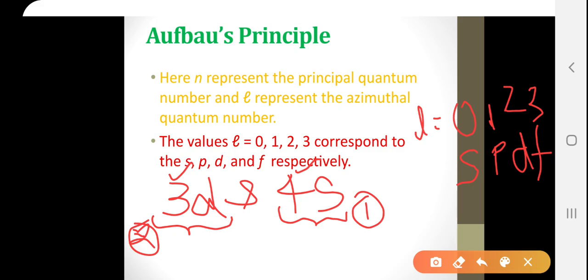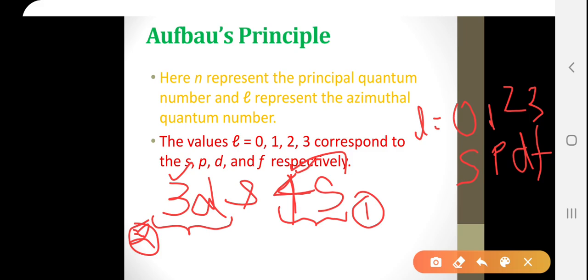But even though 4s is a higher energy level compared to 3d, the electron enters the 4s subshell. This is due to the n plus l value.